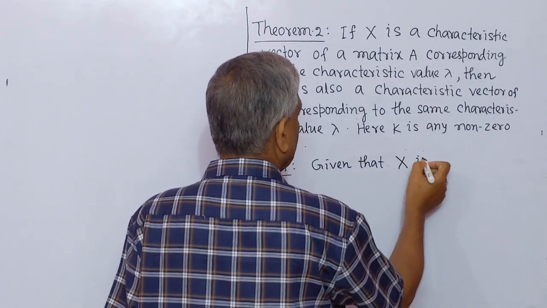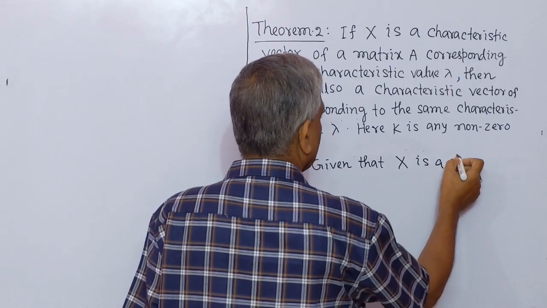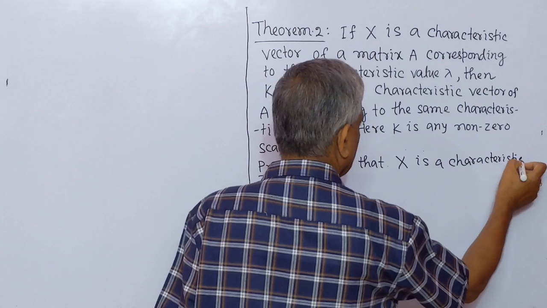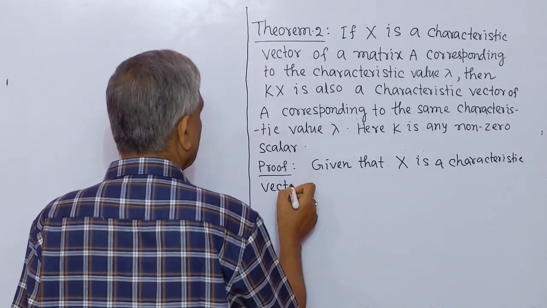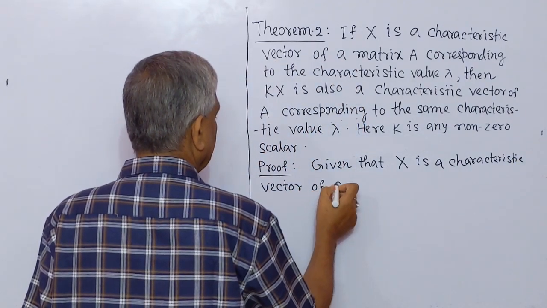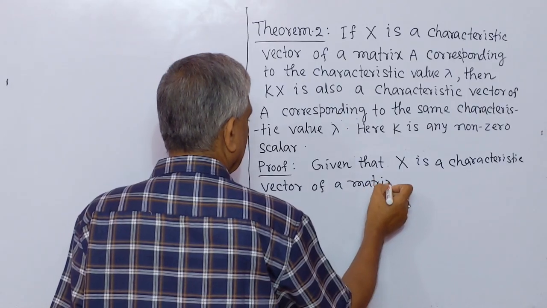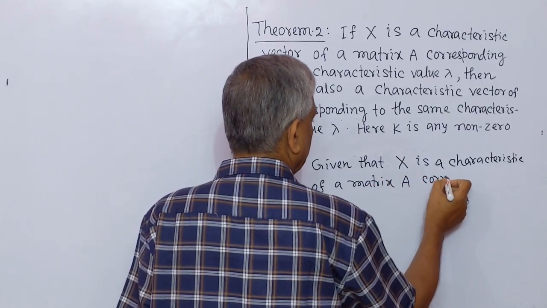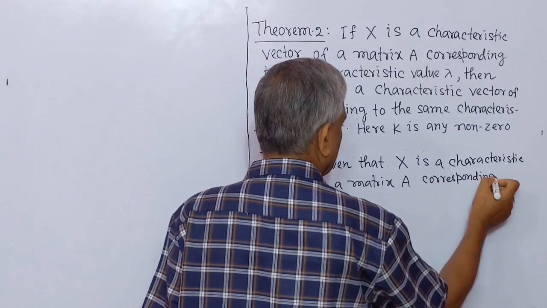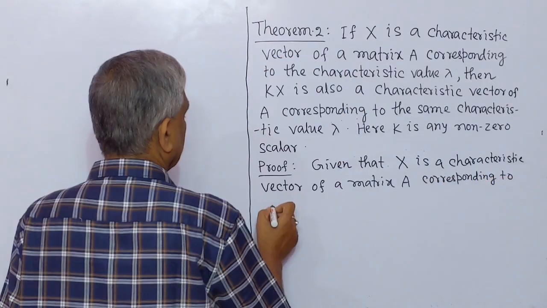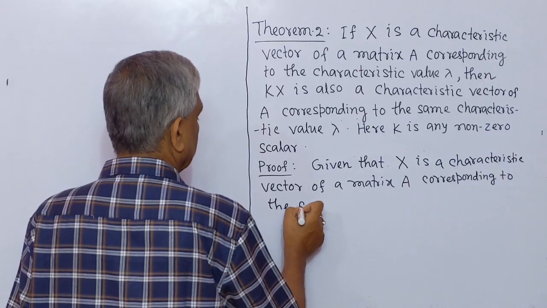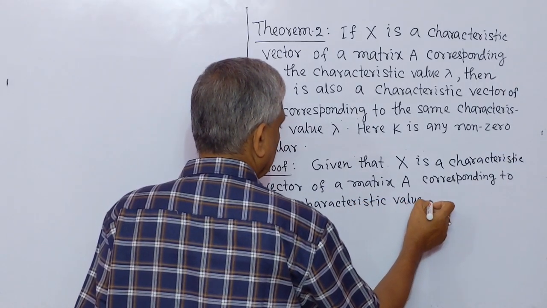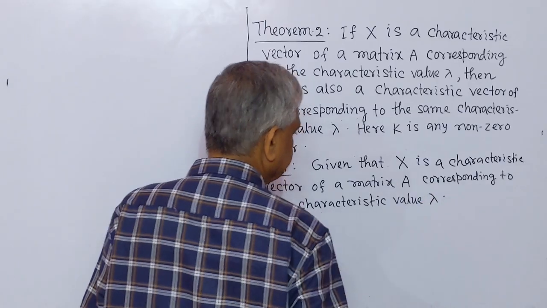Given that capital X is a characteristic vector of a matrix A corresponding to the characteristic value lambda.